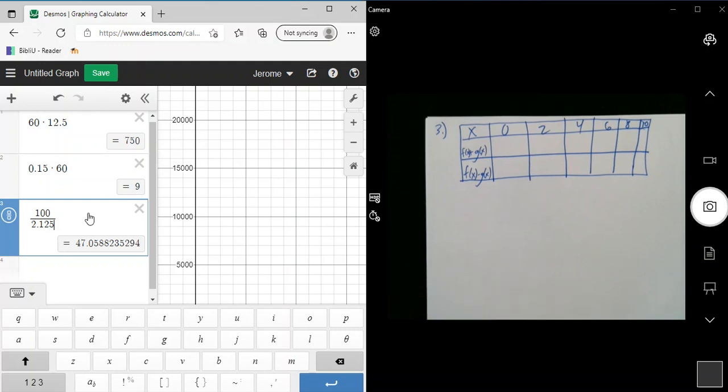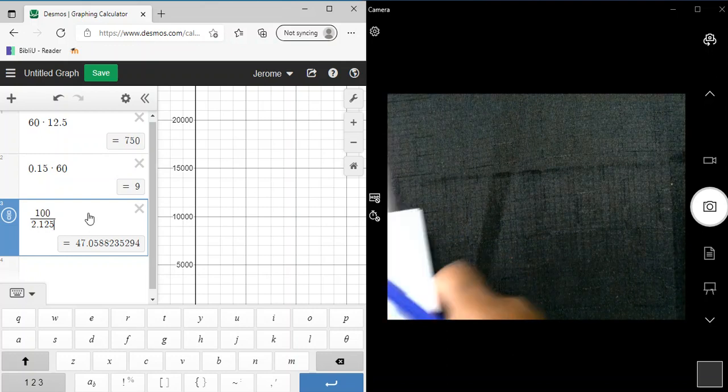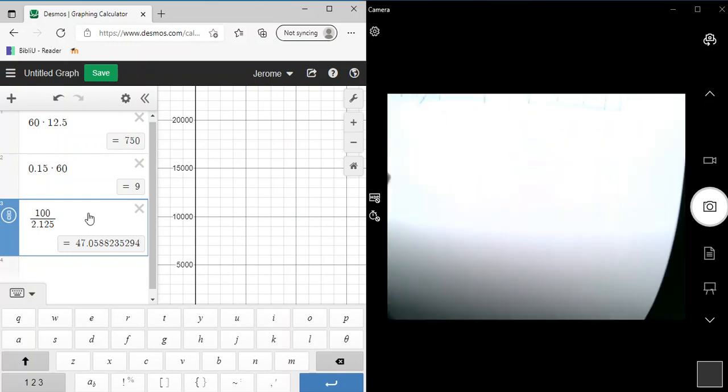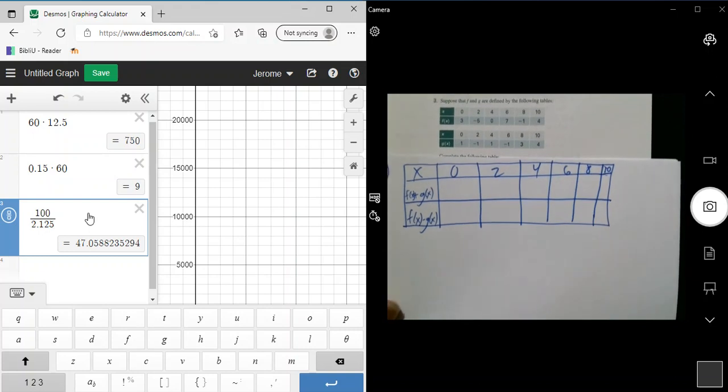If you look back at number 3, we go 0 through 10. Now, of course, you're going to need to look in your textbook. But let me see something here. See if I could pull out the textbook here. All right, this is number 3.